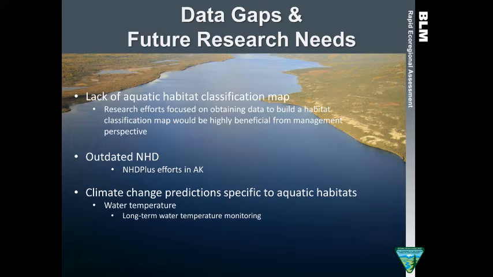And again, for the aquatic habitats, the lack of an aquatic habitat classification map is a huge data gap that is affecting effective management of these resources. So any research efforts focused on obtaining data to build a habitat mapping framework or a habitat classification map would certainly benefit aquatic management of these resources.